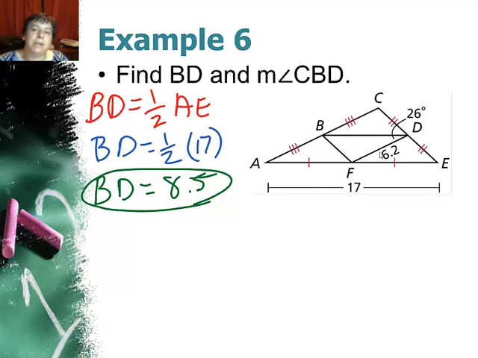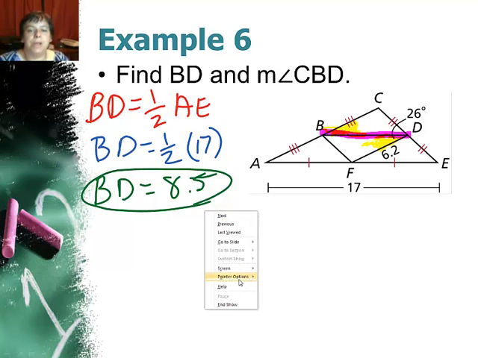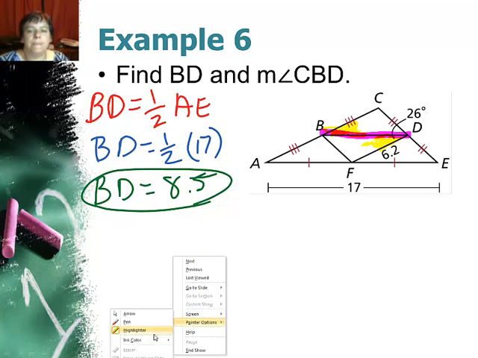Now I'm going to use the property that the midsegment is parallel to the side. So if I know that this angle is 26, first of all, I'm trying to find angle CBD. So I'll do a transversal that connects that angle to it, and there it is. And you can see that I could actually have some parallel lines here. Let me go ahead and highlight those.